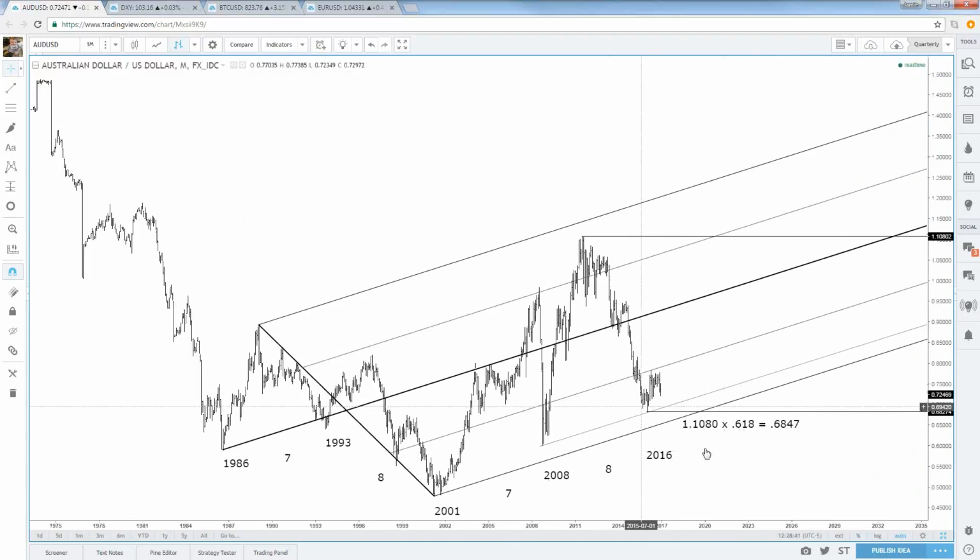Simple chart. The charts that I'm showing here are the ones that are on the long-term page, and then I'm showing some other stuff shorter term. But same thing with the cycles. 86, 93, 7, 8 years apart. 2001, 7 years apart, 8 years apart. 2016, which is still the low, right? So Aussie may have made its low.